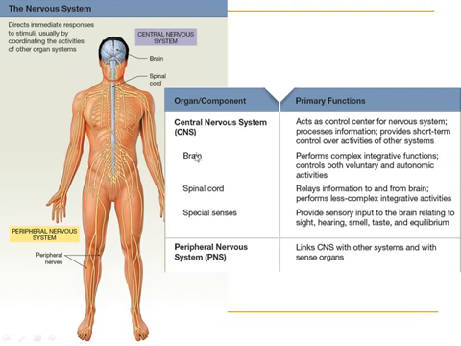It consists of the brain, which is the integrative center of the body that integrates and provides information through the voluntary and the autonomic nerves to control voluntary and autonomic activities. Another part of the central nervous system is the spinal cord, which is the relay station for the passage of information to the brain.